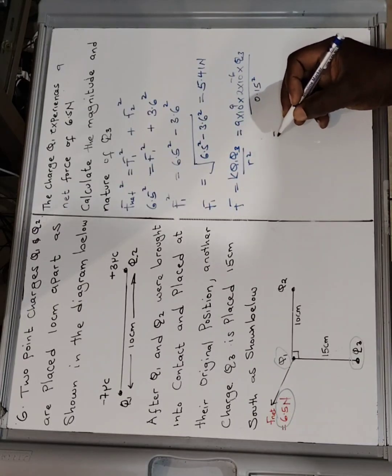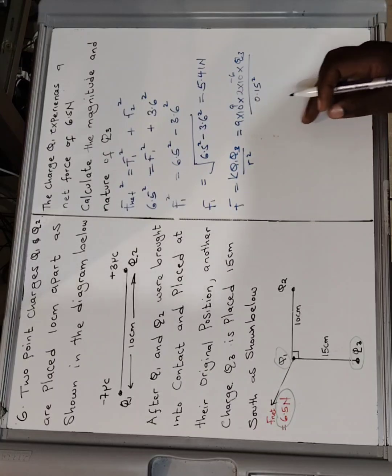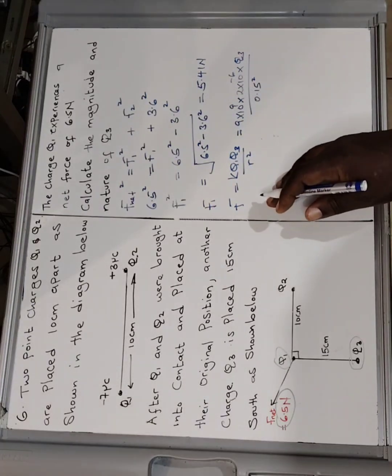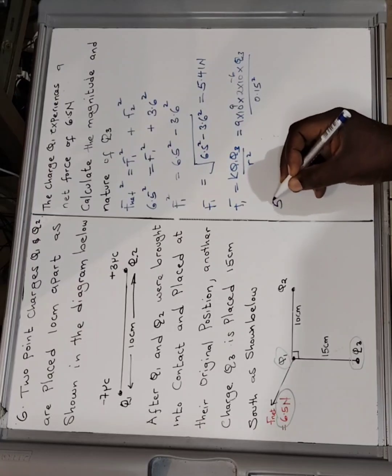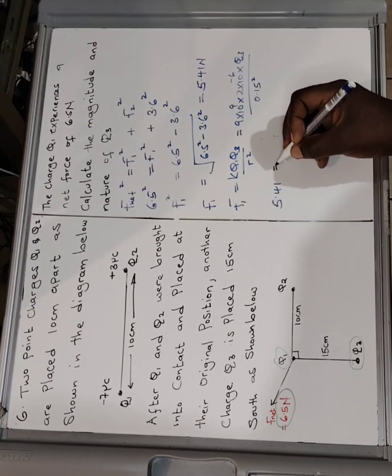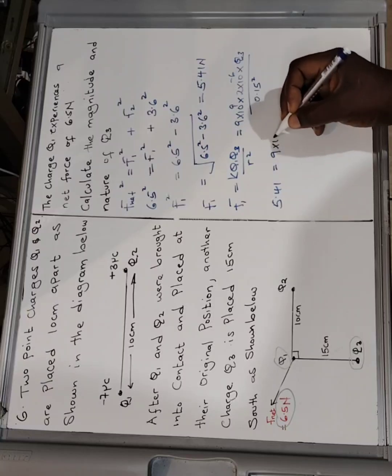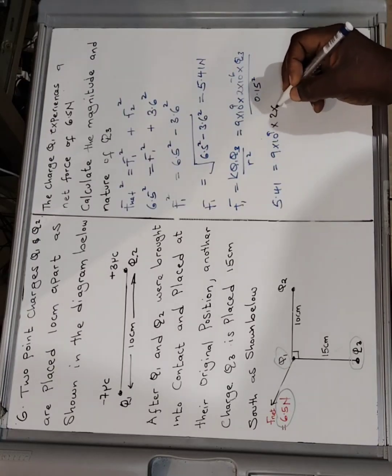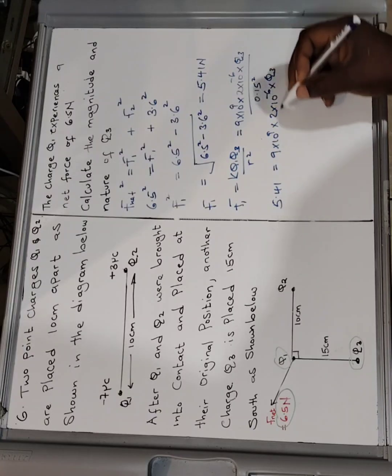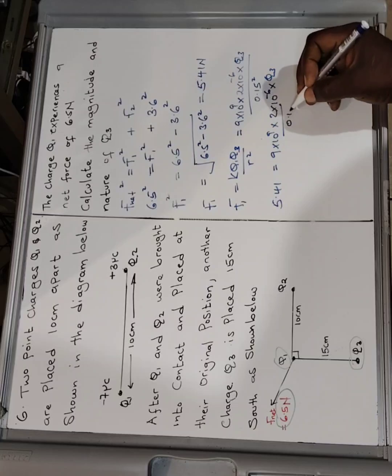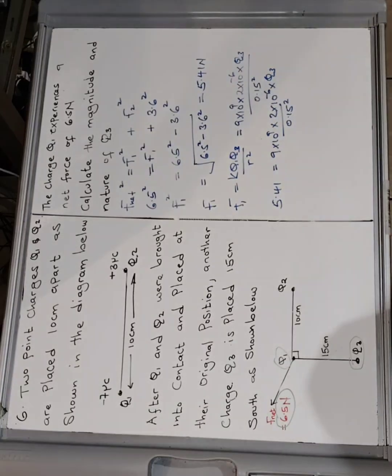And what you get out of here. So this is what we know. So when you bring in our F1, we are going to have this equation, 5.41, giving you this. When you look at that equation, we are going to find out that Q3 is the only unknown.